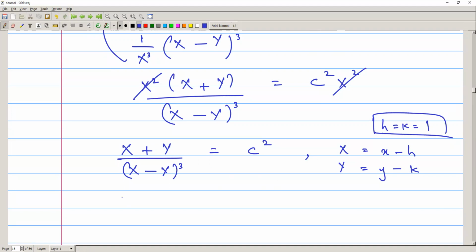So we can substitute here simply x minus h, so it will be (x minus 1 plus y minus 1) over (x minus 1 plus y minus 1) whole cubed is equal to c squared, right?